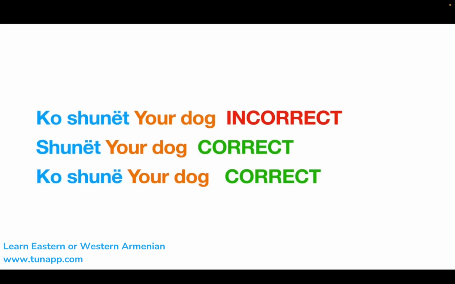Either are correct. We use either the possessive adjective, like ko, at the beginning, or im, meaning my, and so on, or we use the possessive article, the t suffix in this instance at the end. Shunet, your dog, ko shun, your dog, but not both. Ko shunet would be incorrect, your dog, your.